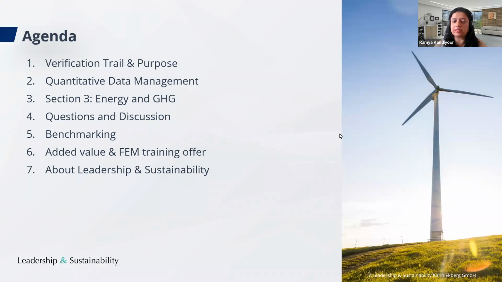We will have some questions and discussions as well. We will cover benchmarking, which is important to understand so that we understand where, with regard to other organizations of a similar category, we stand as a facility. And we will also be giving you our FEM training and verification offer, and a bit about the team that's involved in Leadership and Sustainability.